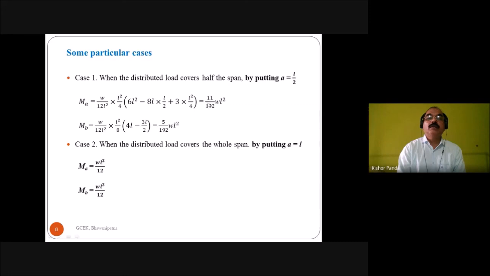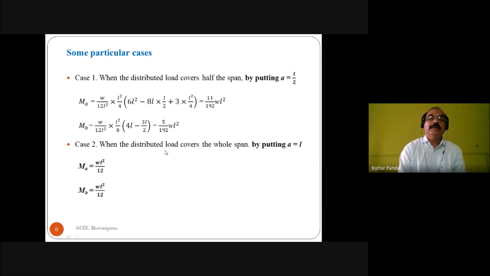Then you will find the moment is 11 by 192 WL square. When the UDL is present on half of the fixed beam, this is the moment at the end A, and this is the moment at the end B: MB is equal to 5 by 192 WL square.